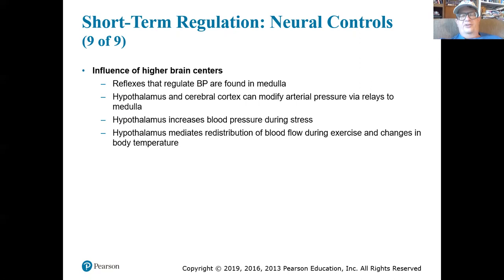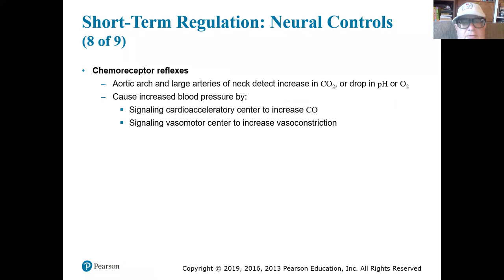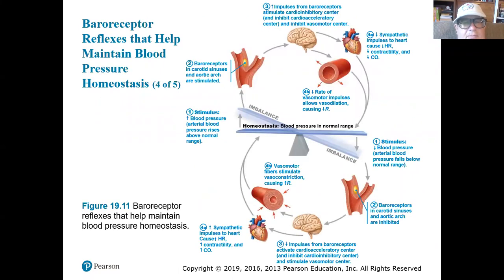Influence of higher brain centers. We've got that. Hold on a second. Let me check something. Okay. Hold on a second. Let's see. Chemoreceptors. Yeah, let's back up.